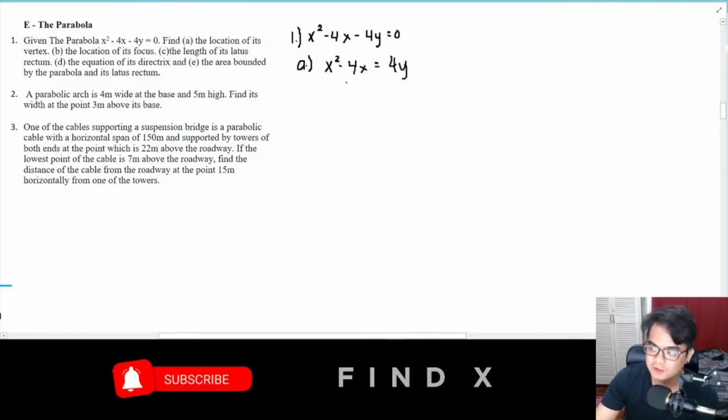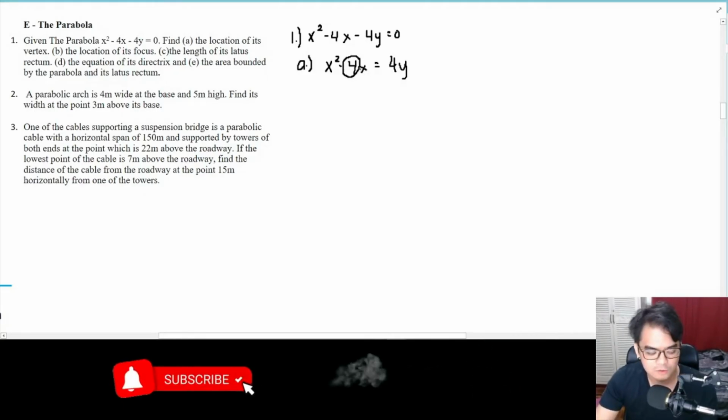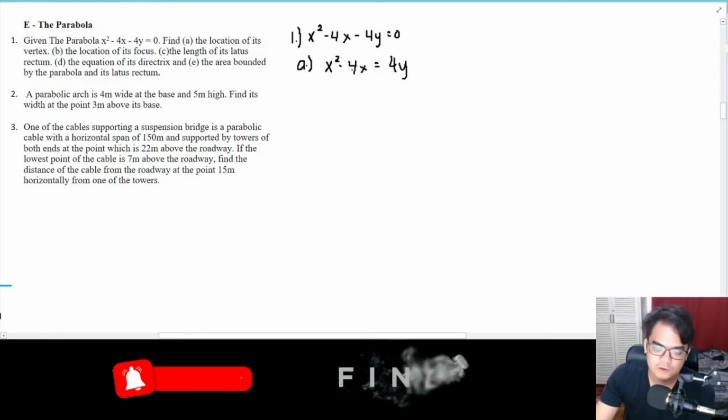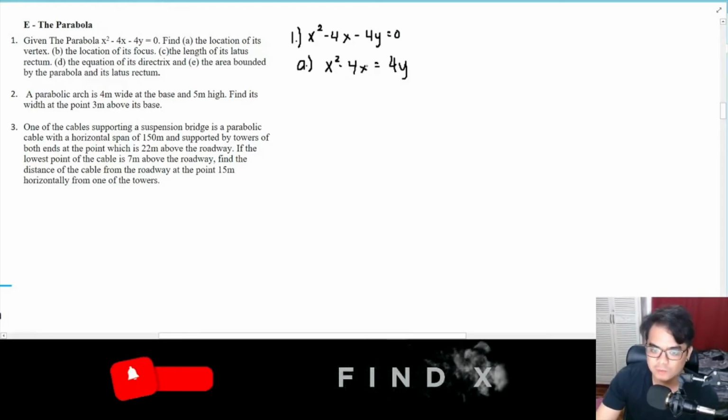And then apply CTS, or completing the square. All you have to do for completing the square is divide the coefficient of x by 2, and then square it. So that will become 4 divided by 2, that is 2, and then squared, that is 4.